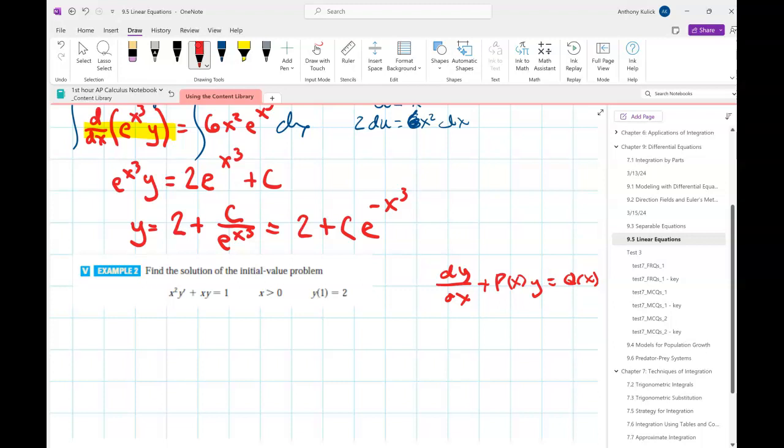No. What do I need to do to get it into that linear form? Divide both sides by x squared. So that gives me dy dx plus y over x equals 1 over x squared.